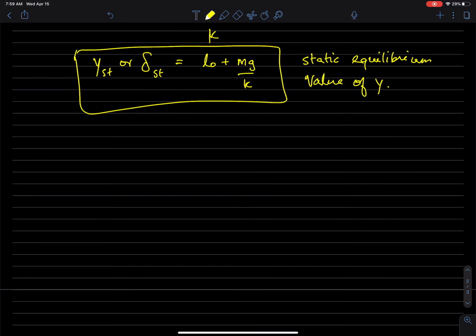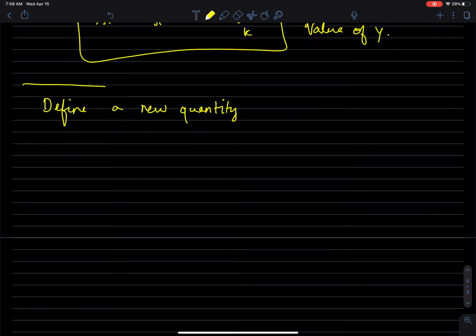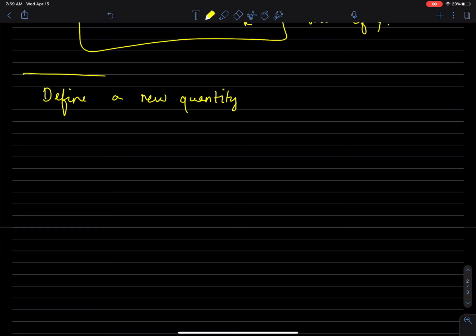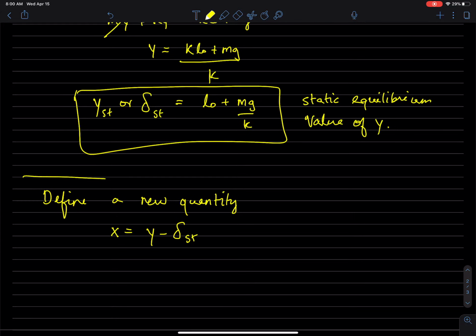And then we define a new quantity x as y minus delta st, or yst, or whatever you want to call the static equilibrium.